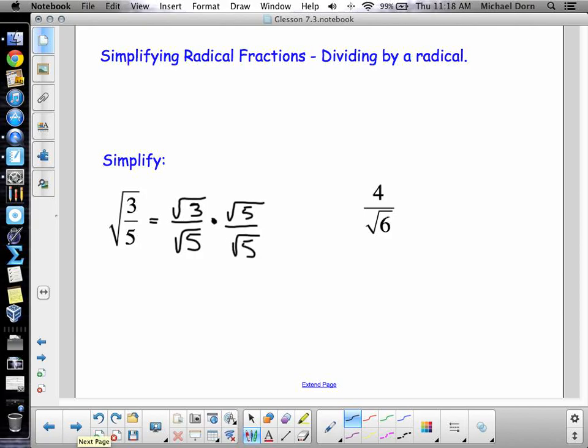And we express 1 in such a way so that our denominators match. Because when they match and I multiply them, the square root goes away. In the numerator, I get square root of 15. Denominator is square root of 25, which is 5.